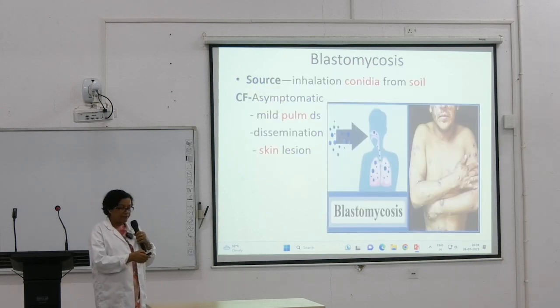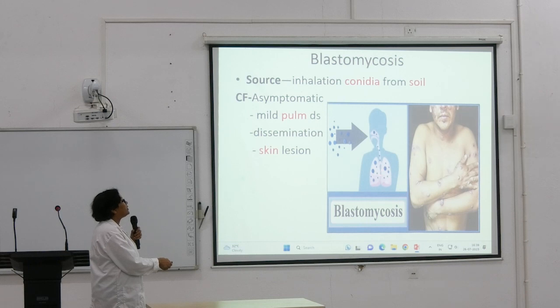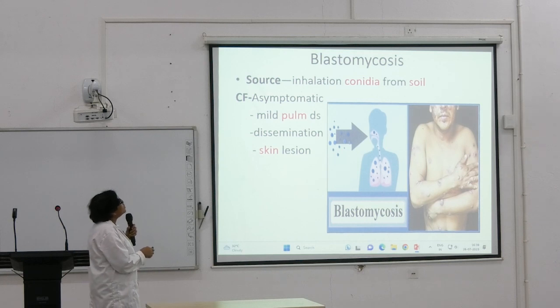You can see picture. Inhalation of the conidia, so infection lung, then disseminated all over the skin. Source, inhalation of conidia from soil. Some may be asymptomatic, mild pulmonary disease, some may be dissemination to the skin lesions.